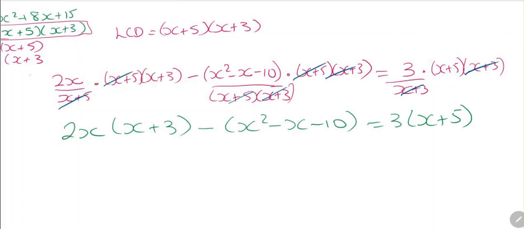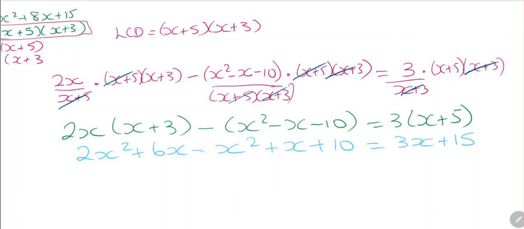Now I'm going to distribute the values. So I have 2x squared plus 6x minus x squared plus x plus 10. Because remember, a minus and a minus when we multiply is positive.